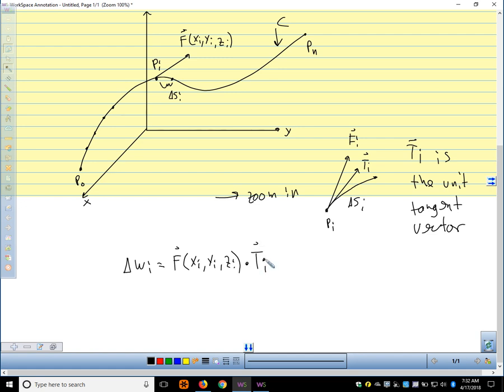That's going to give us the component of the force, the magnitude of the force in the direction of motion, times delta s sub i. That's how far we move in that little interval. So we're going to sum this up and then take the limit as delta s sub i approaches 0, like we've done before. And this is going to be how we define a vector line integral.